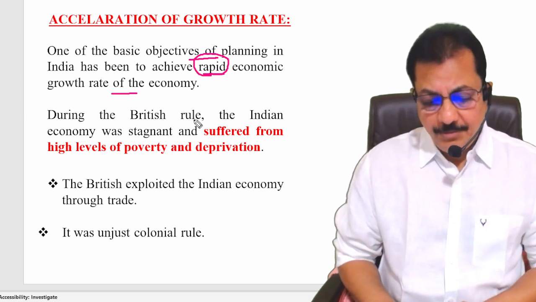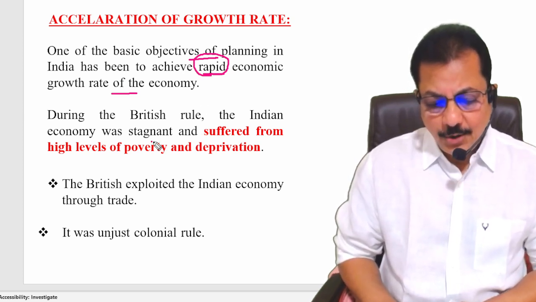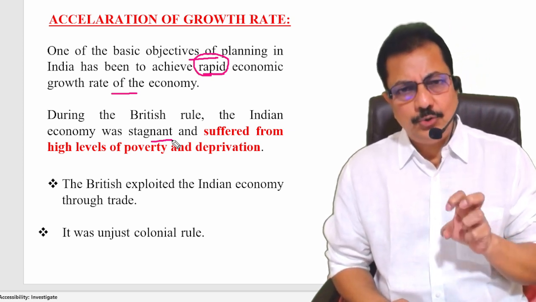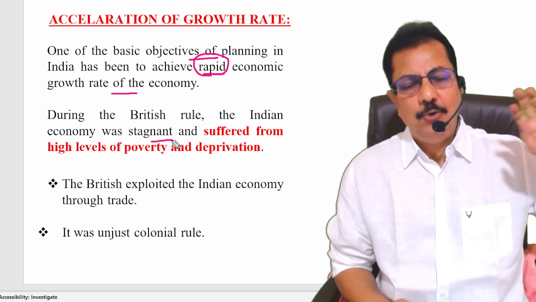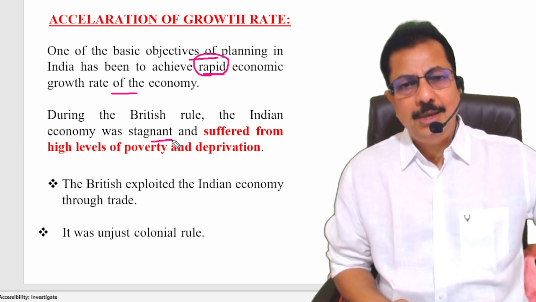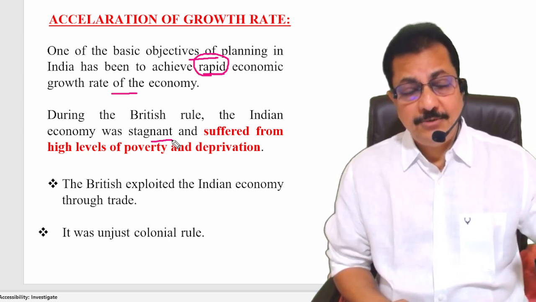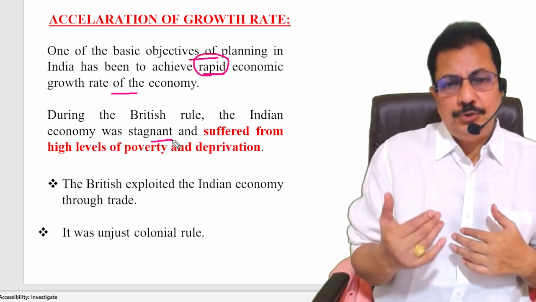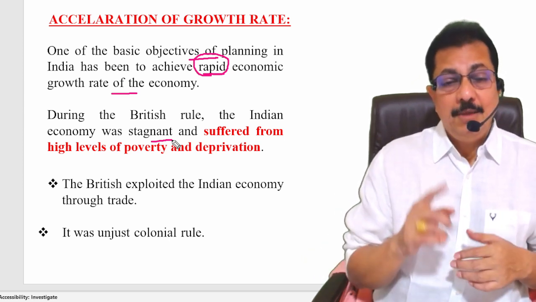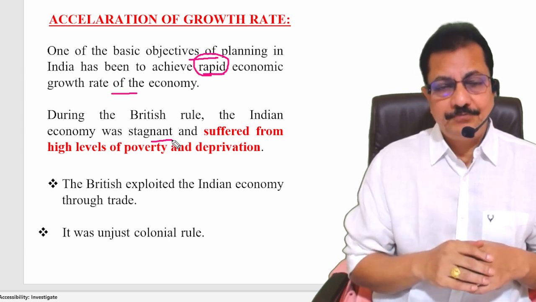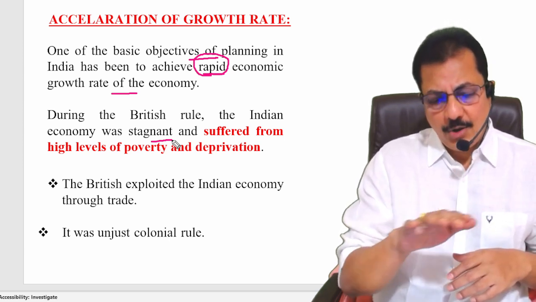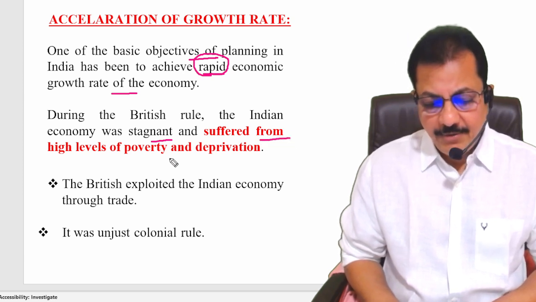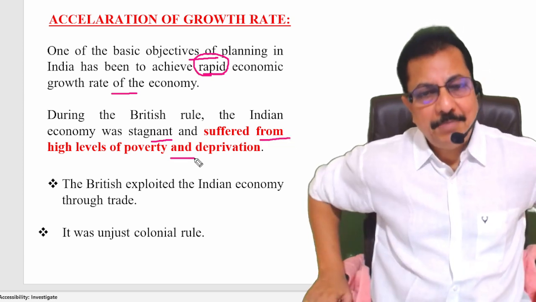But what happened during British rule? The Indian economy was stagnant. Why? Because all our resources were looted and exported to the UK. That is the reason why, though we had plenty of resources, those resources were not used by Indians, but were exploited by the British. That is the reason why the Indian economy was stagnant and suffered from high levels of poverty and deprivation.